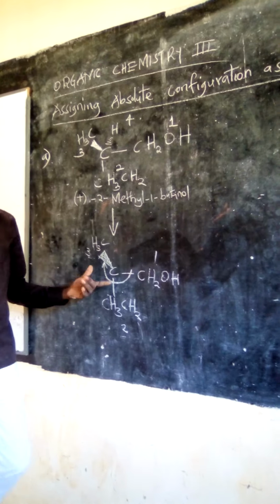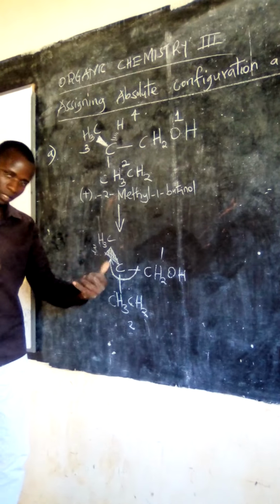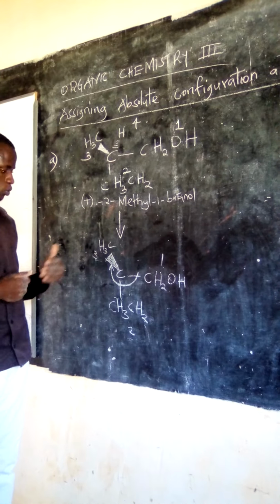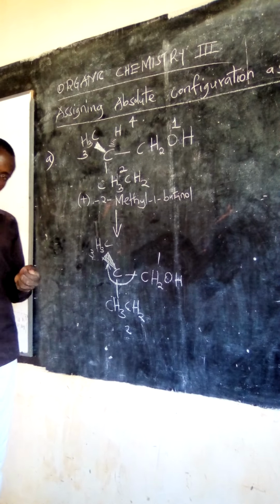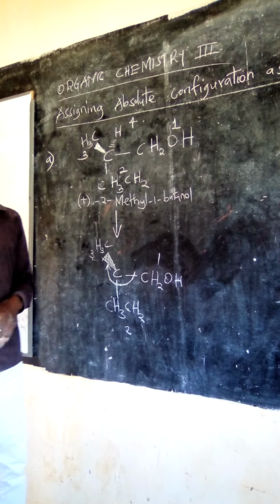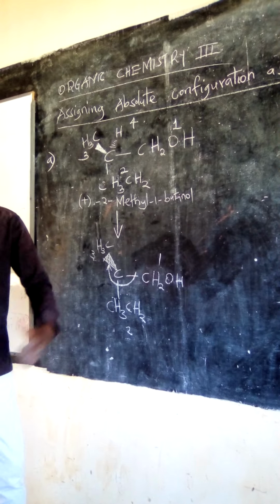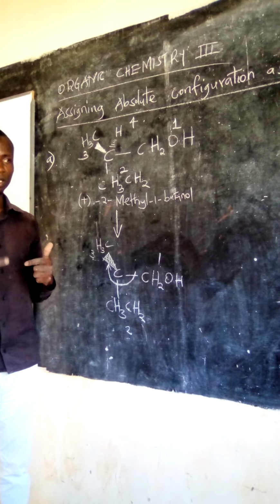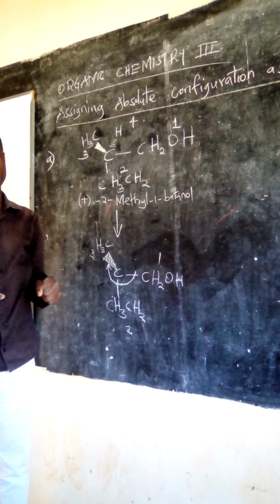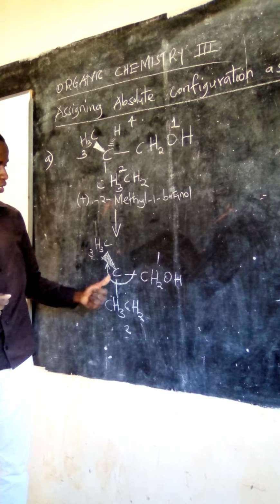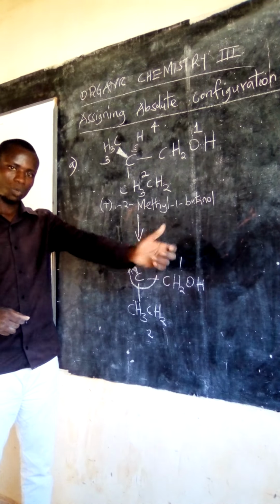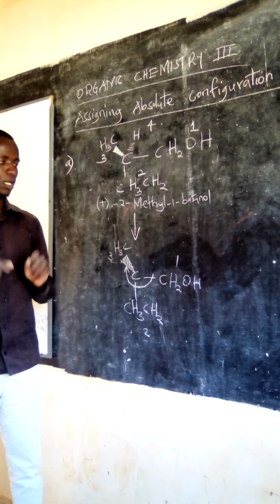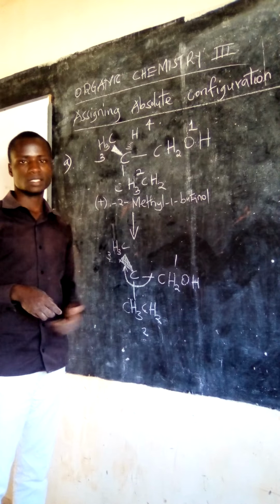Now, after drawing that arrow from the first priority all along to the third priority, you now consider whether it is clockwise or anti-clockwise. If the arrow was moving clockwise, then we shall assign it as R. But when the arrow was moving anti-clockwise, then just assign it as S. That is it.